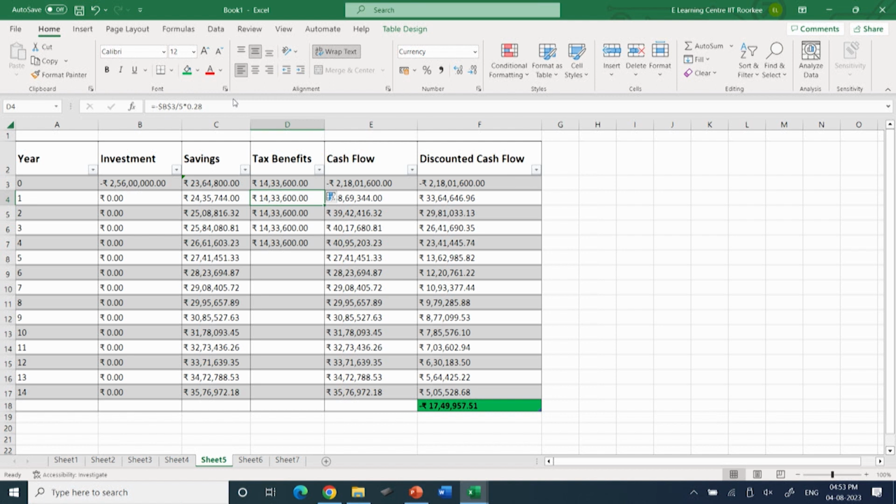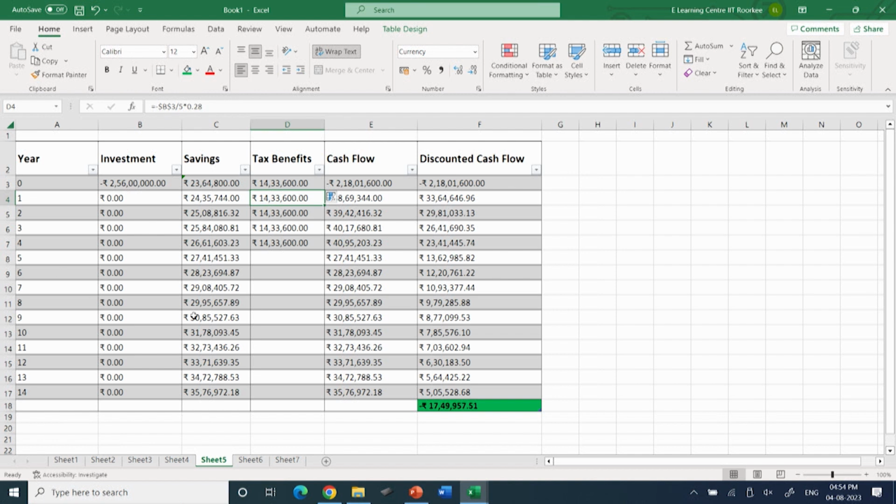Further, if the accelerated depreciation was not to happen and it would be a regular depreciation happening over 10 years, we might again end up with not such a profitable business, and this is something that you can try at your own end.